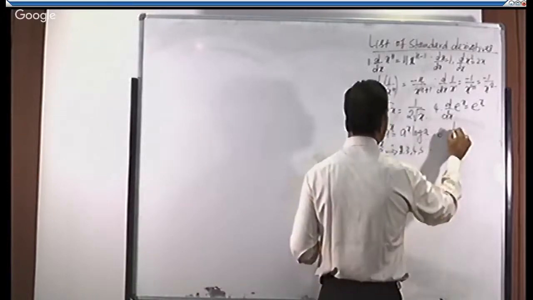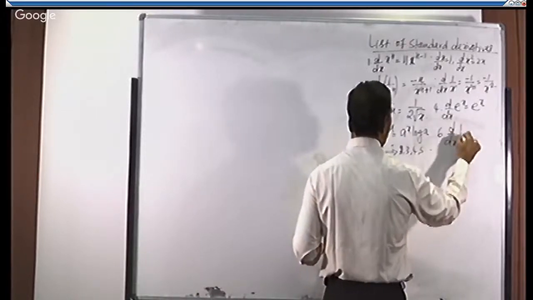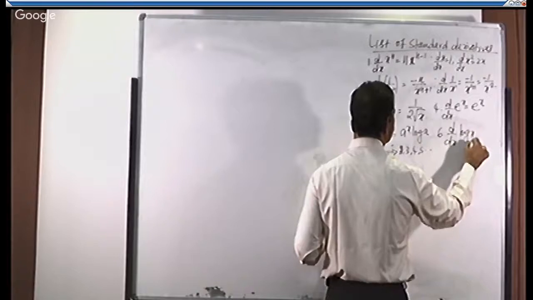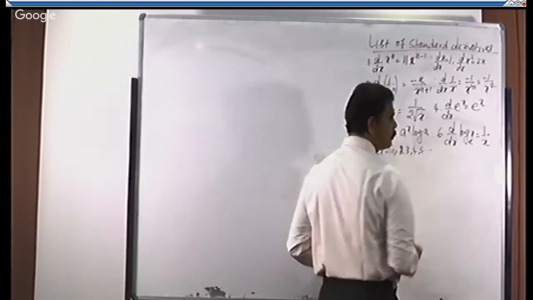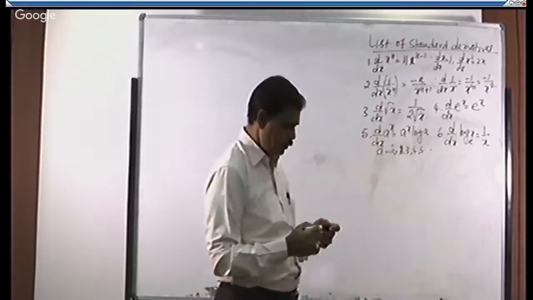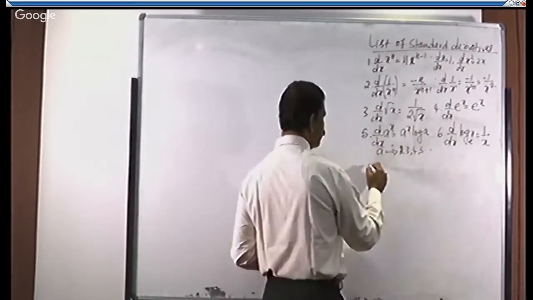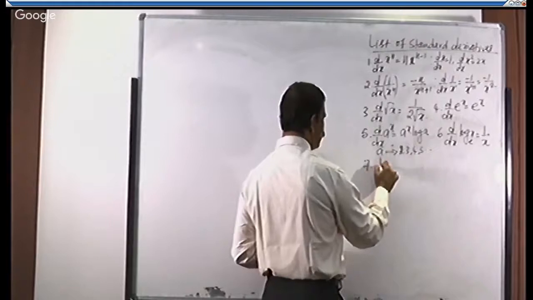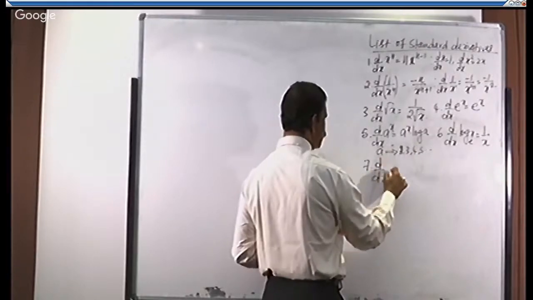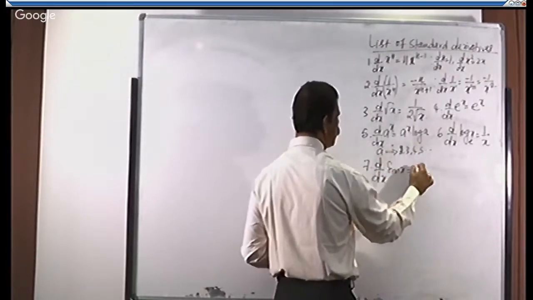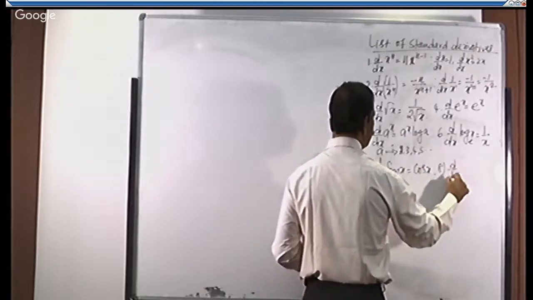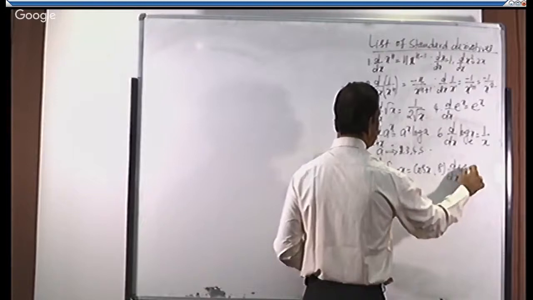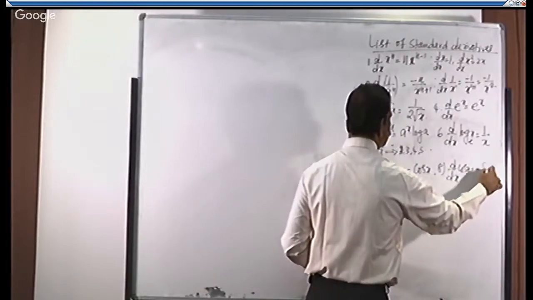Sixth one, d by dx of log x, that is 1 divided by x. Differentiation of log x is 1 by x. Next, if I take the trigonometric functions, d by dx of sin x is cos x. D by dx of cos x is minus sin x.